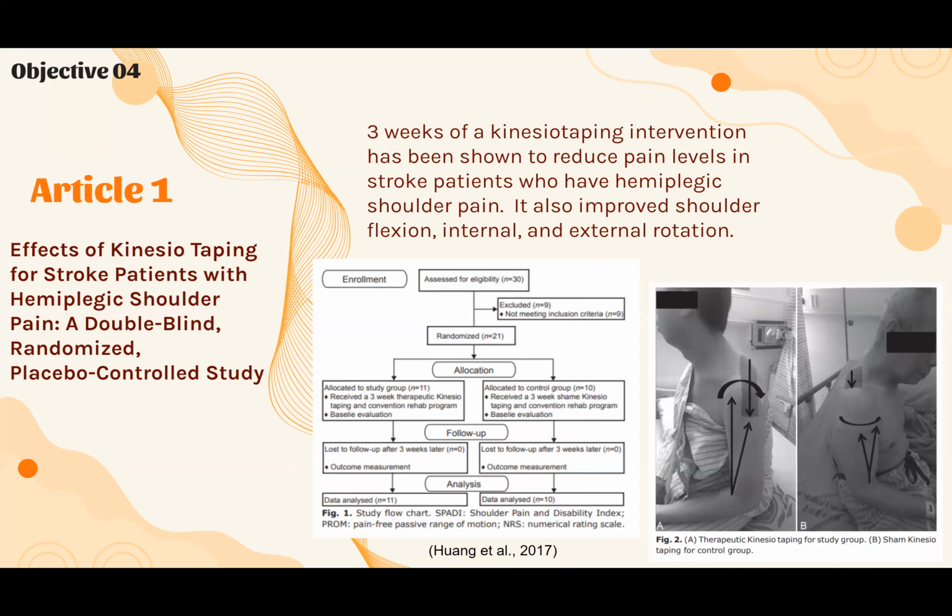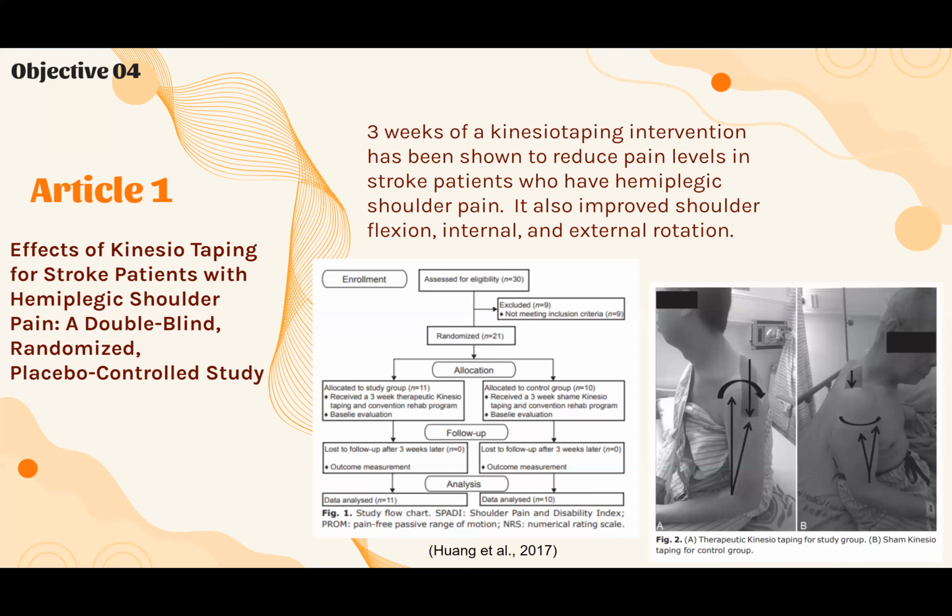Outcome measures included pain intensity on an 11-point numerical rating scale, ultrasound examination, musculotendon pathology, subacromial distance, and pain-free passive range of motion of the shoulder.